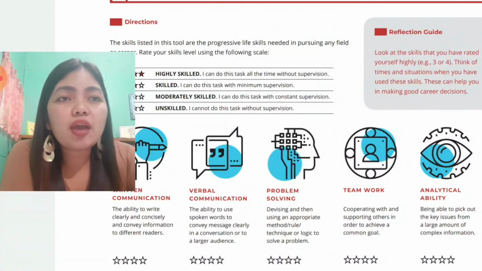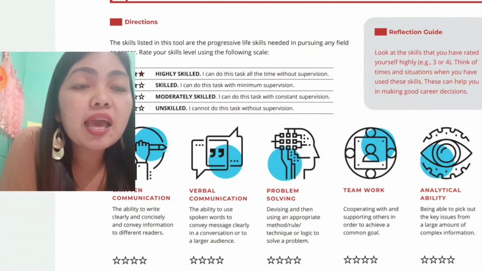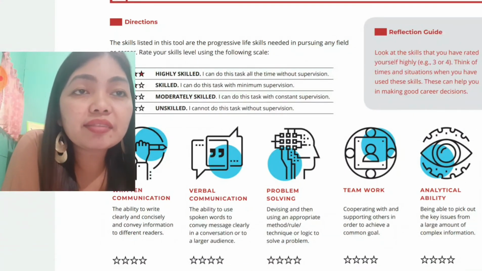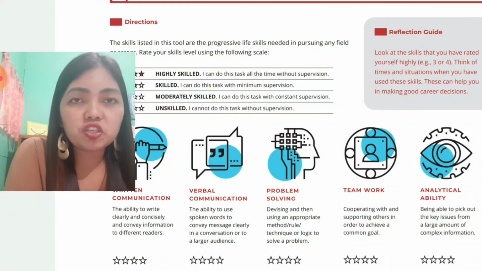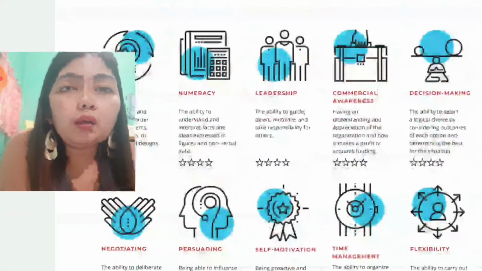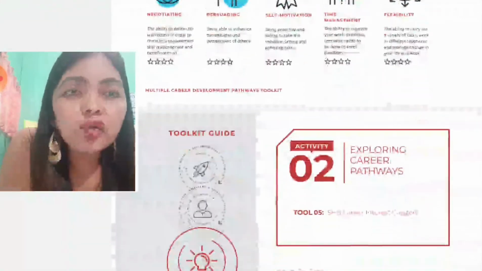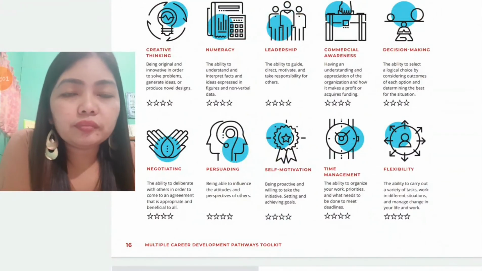Now look at the skills that you have rated yourself highly, or examples 3 or 4. So titingnan nila yung mga skills na ni-rate nila ng 3 or 4. Now think of the times and situations when you have used these skills. Now this can help you in making good career decisions. Okay. So we are done with activity 1. Okay, so that is activity 1.